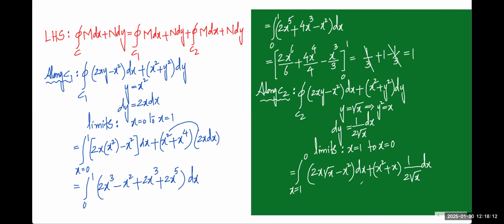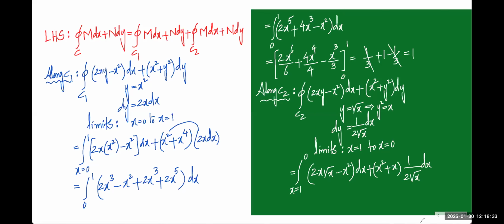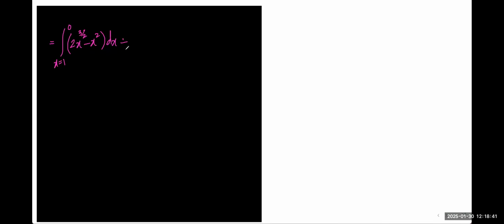This is equal to along x is equal to 1 to 0. And look at the connection of the previous page. X to the power of 1, x to the power of root means 1 by 2. 1 plus 1 by 2 is 3 by 2. Minus x square into dx. Now, x square will be dividing with 2 root x, and x also dividing with 2 root x.